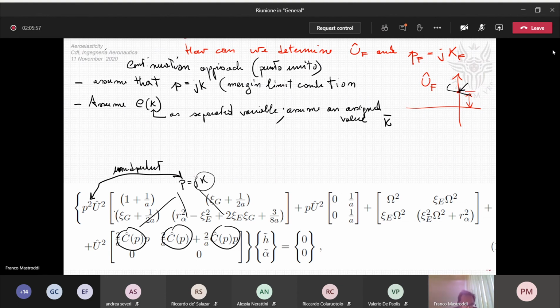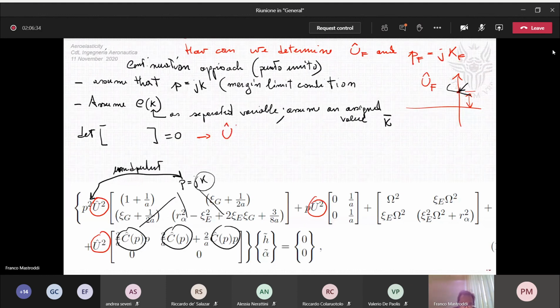This equation, impose that the determinant of this equation is 0. And look, develop this determinant ordering the final equation as a function of u infinite. If you develop this determinant, you realize that you should have a biquadratic equation in u infinite.